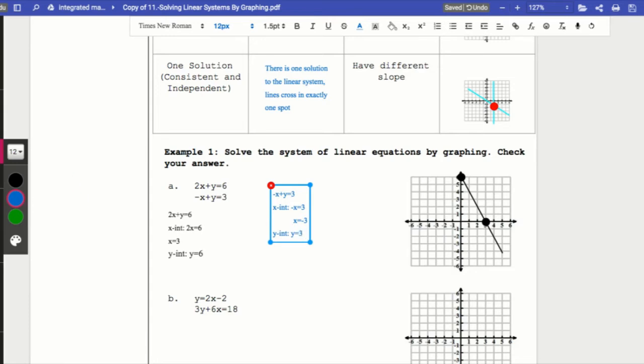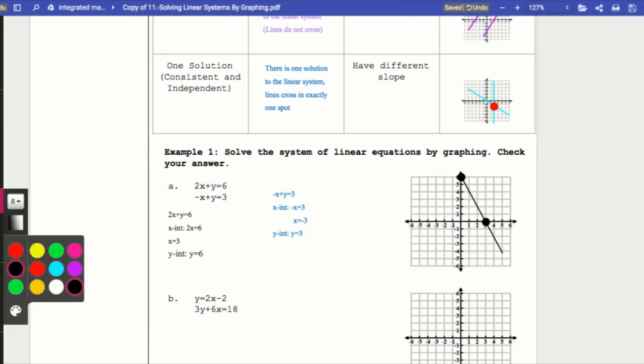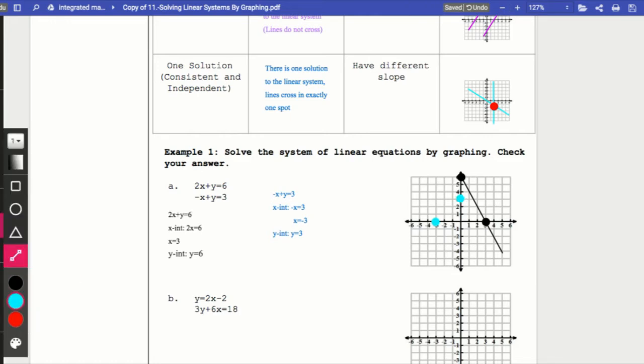Then when I graph this equation, I'm going to use blue. I'm going to have my x-intercept at negative 3, y-intercept at 3, and draw my line. I'll make a straight line.